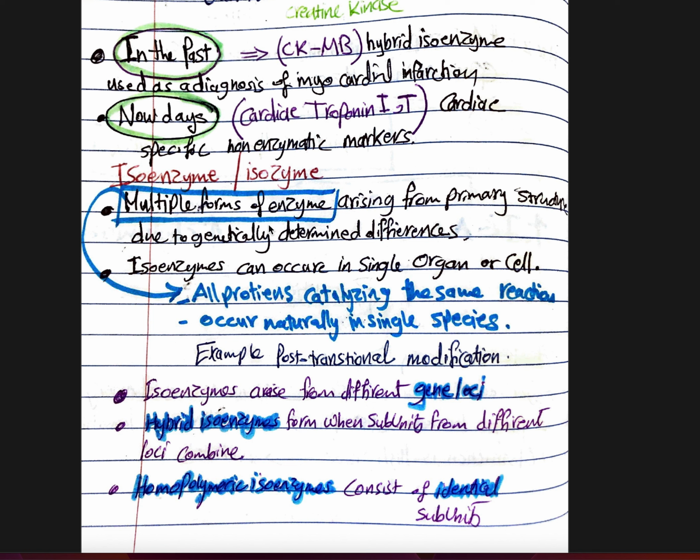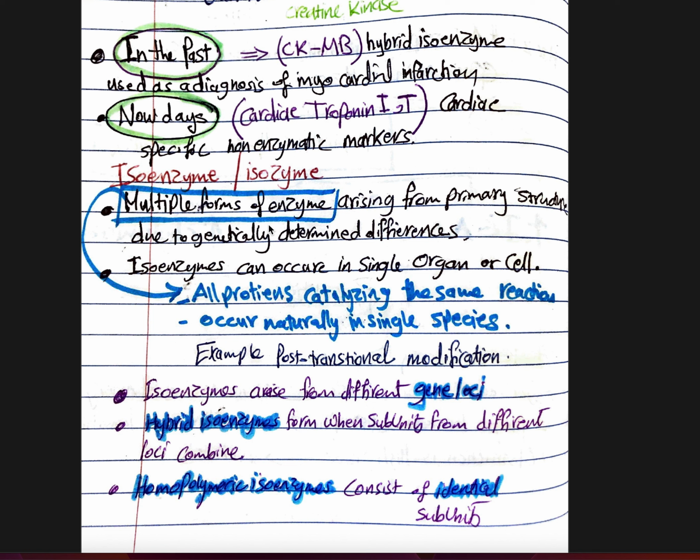We learned what isoenzymes or isozymes are: multiple forms of an enzyme. We discussed LDH before, and said that we have 5 LDH isoenzymes present in different organs. Because of these genetic differences, they are called isoenzymes.